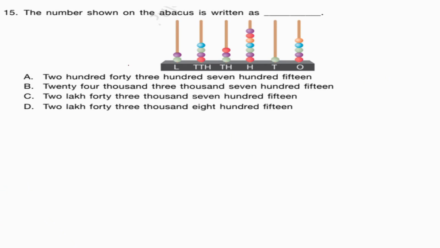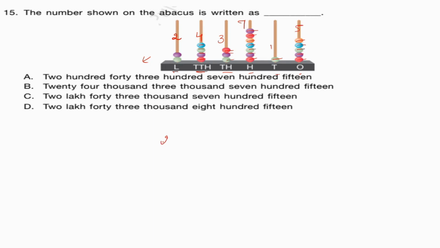The number shown on the abacus is written as. If you see the abacus line, they have given L because L stands for lakh, the Indian value system. Okay, so L is there. I have to count the number of beads here. 2, 4, 3, 7, 1, 5.